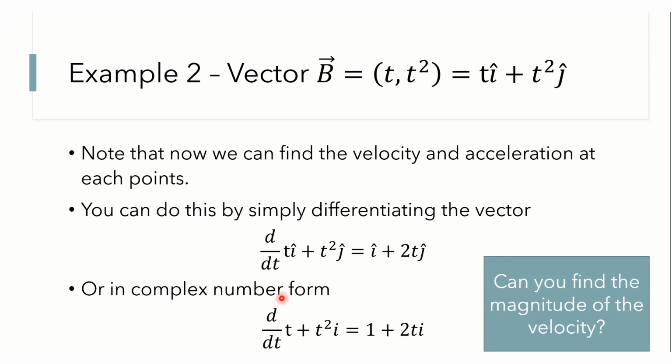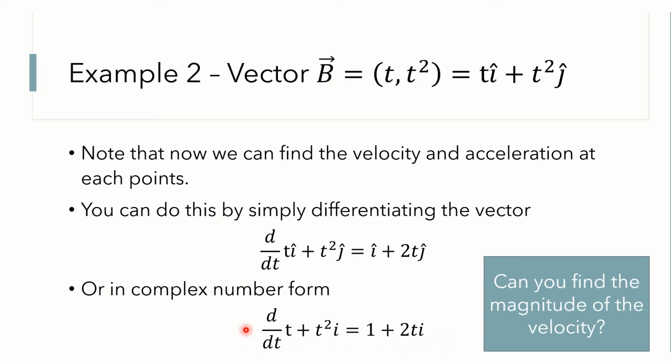So if you're going to plot it in matrix form, using matrices, it means that you're just going to use this expression. So you can call the velocity for the i component to be 1, and the velocity in the j component, this is going to be 2t. Or if you use complex numbers, you can just simply put the velocity equal to 1 with 2t as the imaginary part. So in the plot that I'm going to show you after this, we are going to plot using the complex form.